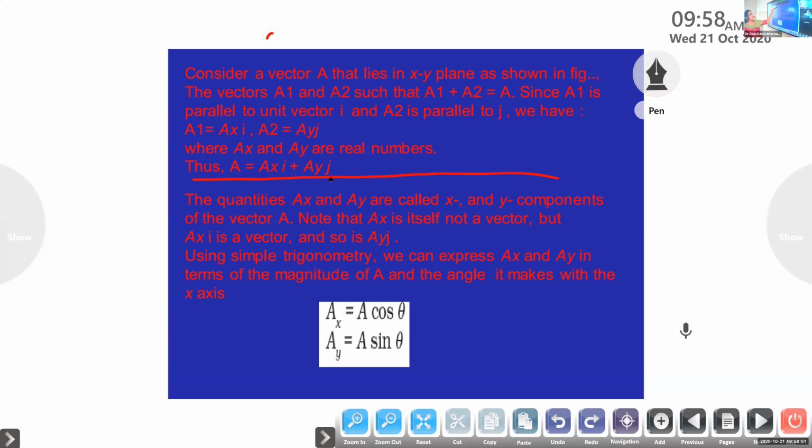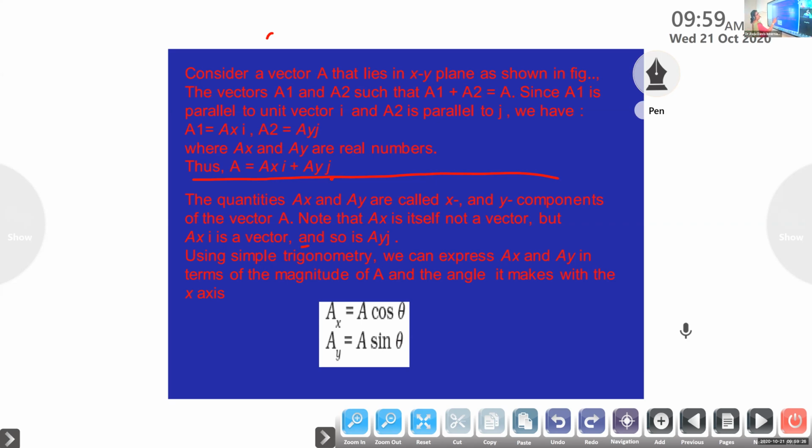The vectors A1 and A2 are such that A1 plus A2 is equal to A. Since A1 is parallel to unit vector I and A2 is parallel to J, we have A1 equals AXI, A2 equals AYJ. Thus, A is equal to AXI plus AYJ.